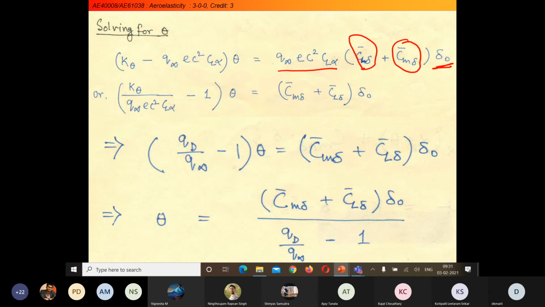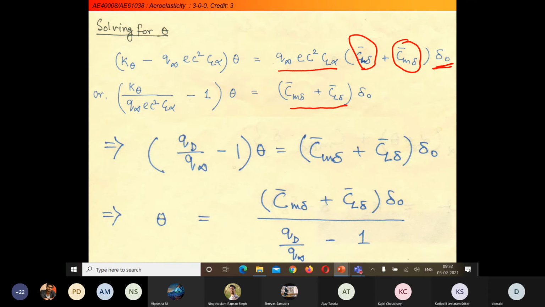We have only this because delta and delta naught are the same. Now I am dividing the whole equation by Q infinity e c square CL alpha, so it will become k theta by Q infinity e c square CL alpha minus 1 into theta, and the right-hand side we will have Cm delta bar and CL delta bar into delta naught.